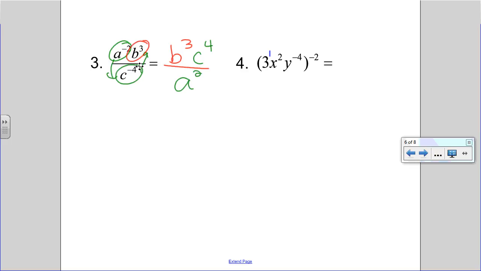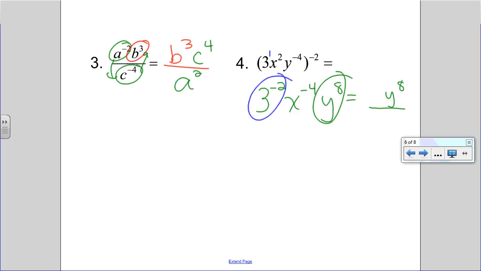Well, I'm going to now take this negative 2 and multiply it by each of the exponents, correct? So I'm going to call this 3 to the negative 2, x to the what? Negative 4. And what's y going to be? 8. You can get positive exponents even after multiplying by a negative. So y to the 8th I'm going to circle, and I'm going to put that directly in my numerator. Because it's positive, it doesn't need to move.